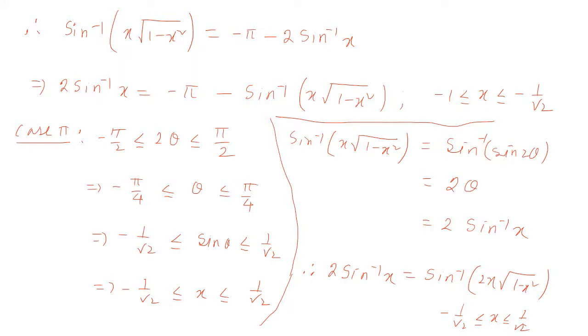Now we take the third case, and the third case will be from pi by 2 up to pi. So now I am taking the third part from pi by 2 up to pi. So we write case 3.